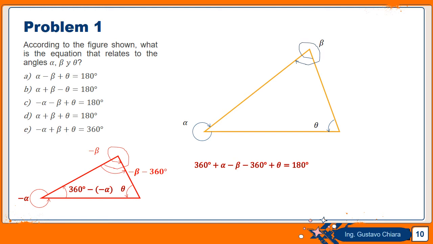So we need 360 plus alpha minus beta minus 360 plus theta, and this is equal to 180. Simplifying, we finally have the solution of this problem: alpha minus beta plus theta is equal to 118. So the answer is the letter A.